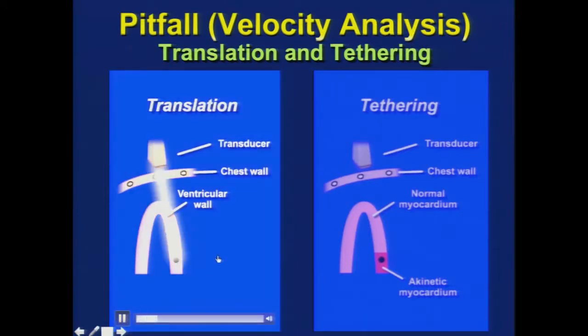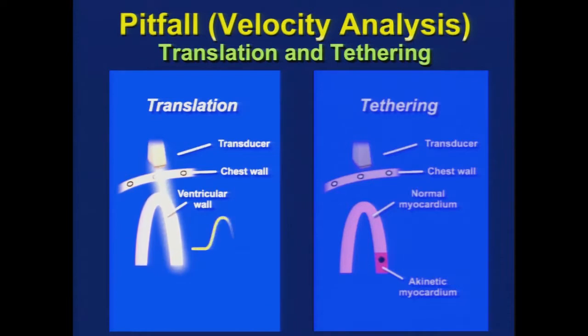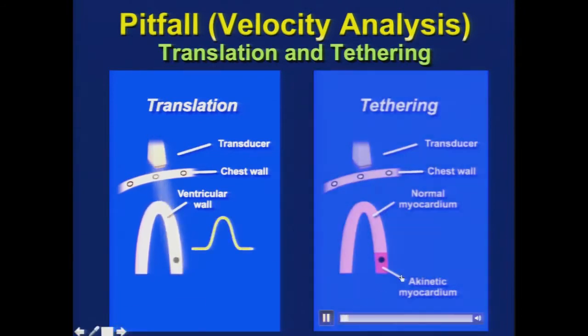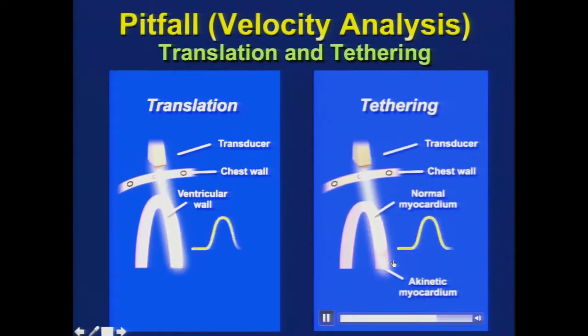So in translational motion, if the sample volume here is placed in this basal segment, but the whole heart moves within the chest wall, there's going to be velocity associated with that motion, but it may not represent true compression or contraction. With tethering on the right, the sample volume is placed in this basal but akinetic segment. The mid and apical segments, they contract well. So as they contract, they tug that basal segment with it.